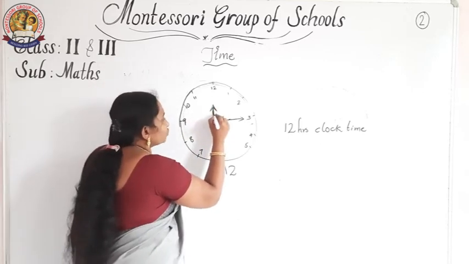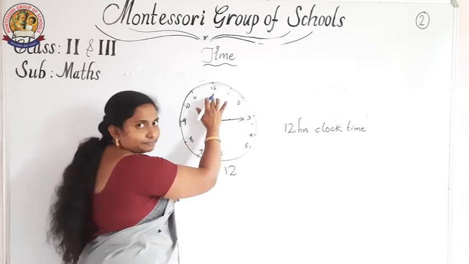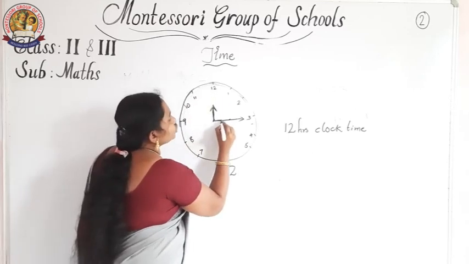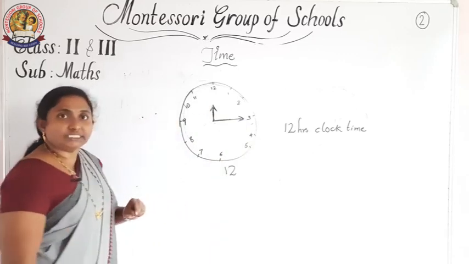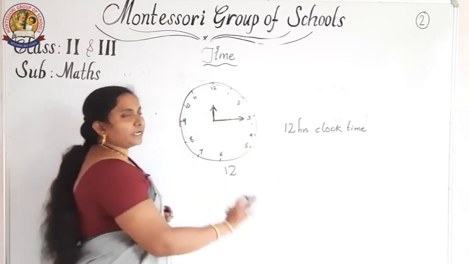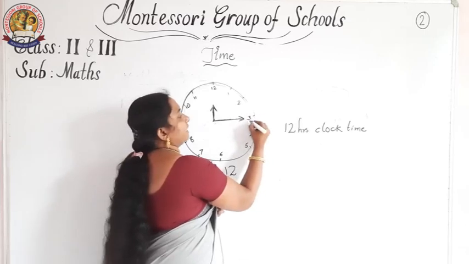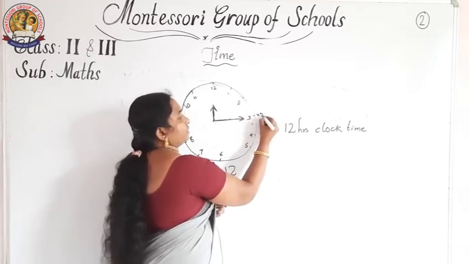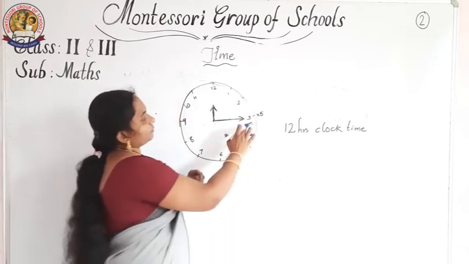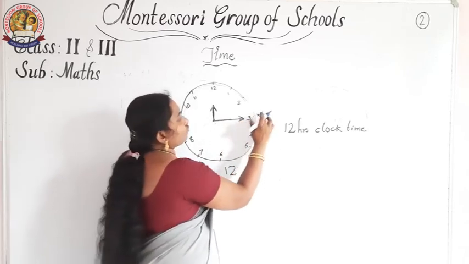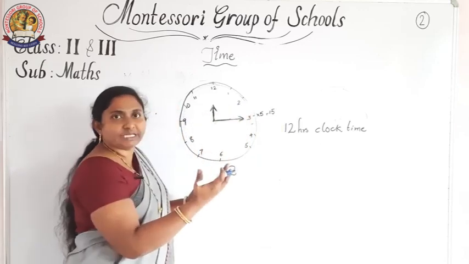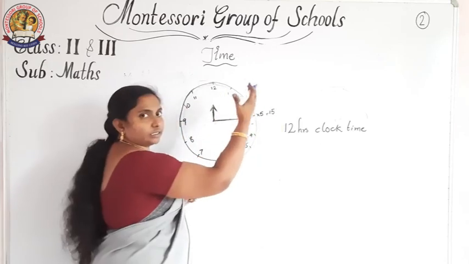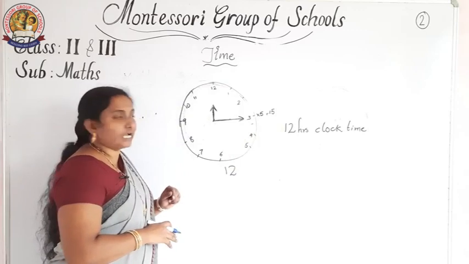The hour hand shows 12, and the minute hand shows 3. While writing the minutes, whatever number the minute hand shows, we multiply by 5. Here it shows 3, so 3 into 5 is 15. For example, if it shows 2, 2 fives are 10. If it shows 1, 1 five is 5.